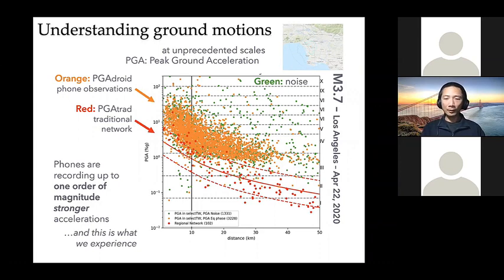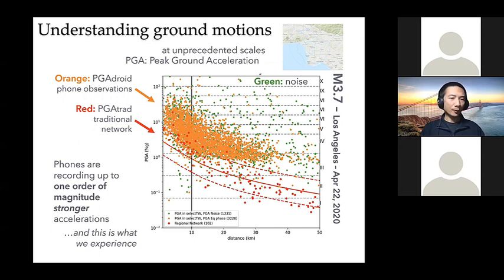Because you can see these red dots are the seismic stations from the traditional seismic network, but there are many more phones, and if we can use this, we can have a very high resolution shaking intensity map across the region. So that's the beauty of it.